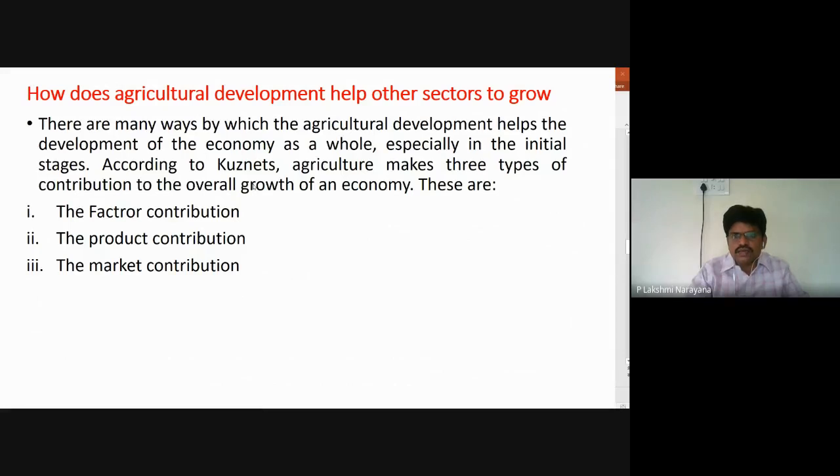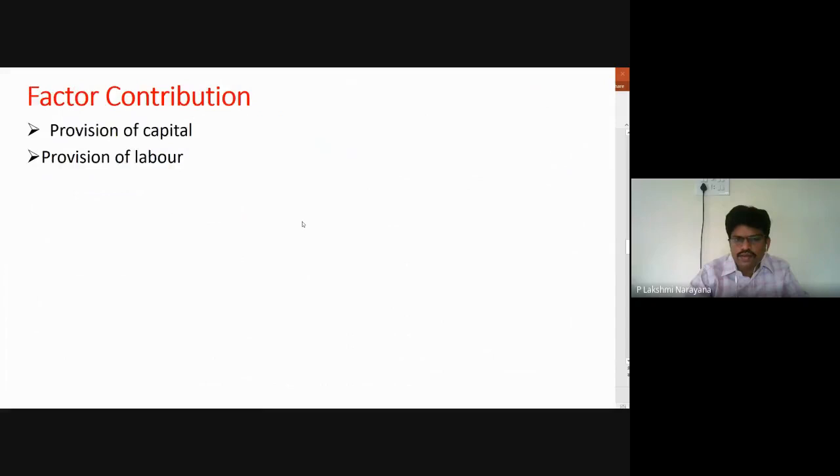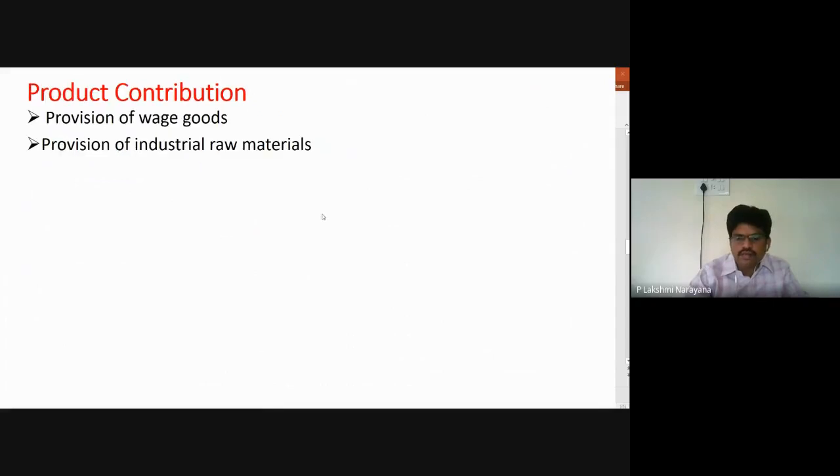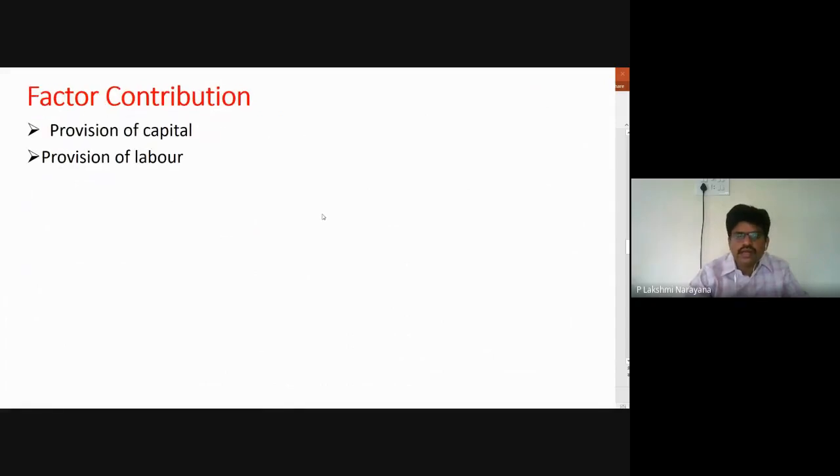Once again, according to Kuznets, agriculture makes three types of contributions. They are the factor contribution, the product contribution, and the market contribution. Regarding factor contribution, you all know what the factors are: land, labor, capital, and organization.